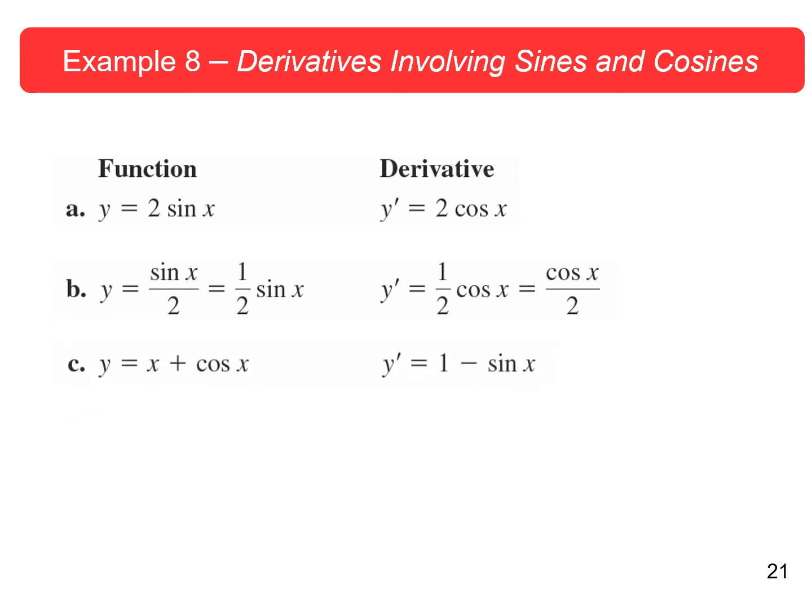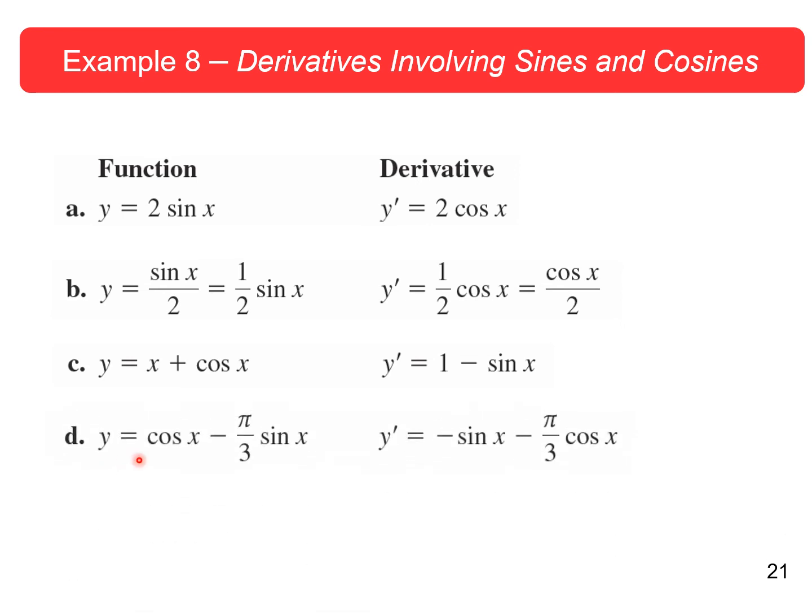Next, let's differentiate y equals x plus cosine x. You can also use the sum rule, so differentiate each term. The derivative of x is 1 and the derivative of cosine x is negative sine x.